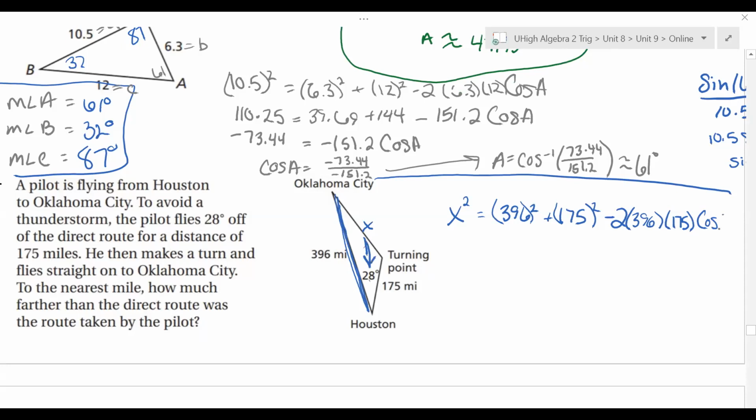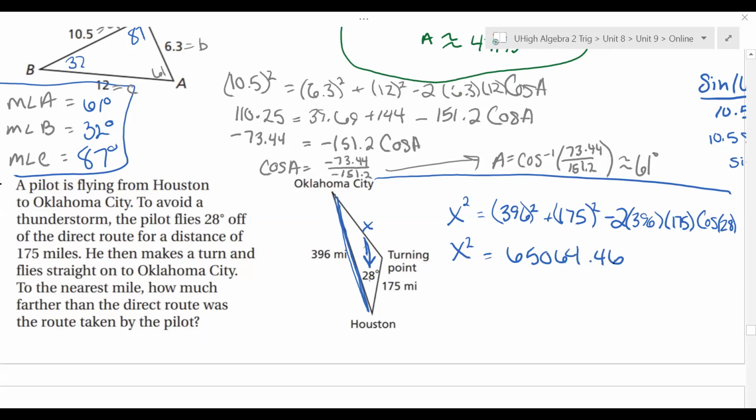So the cosine of 28. So I can really just plug all of this into my calculator and find that x squared equals 65064.46.